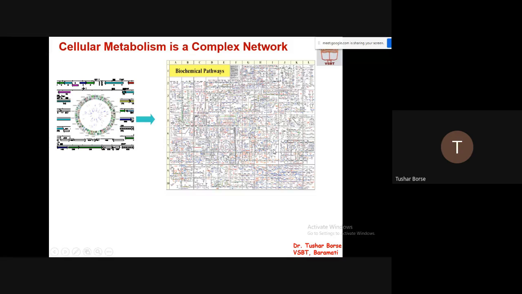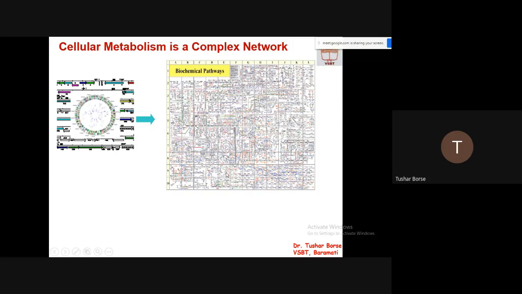Fine. So you have many pathways occurring. These pathways are not independent; they are dependent on each other. They work in a well coordinated manner. This indicates that there is a very tight regulation whereby this complex network is working within the cell.